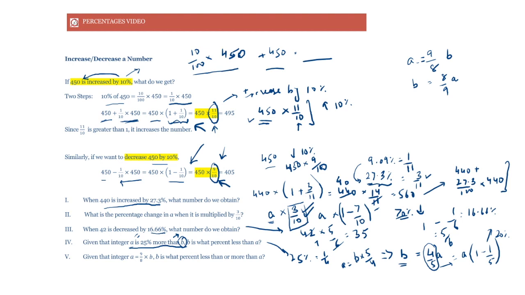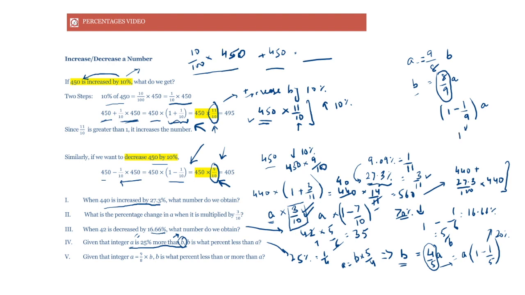All right. Now, what is 8 by 9? This is the multiplying factor for A. We decreased A by a certain percentage to get B. So this is essentially 1 minus 1 by 9.